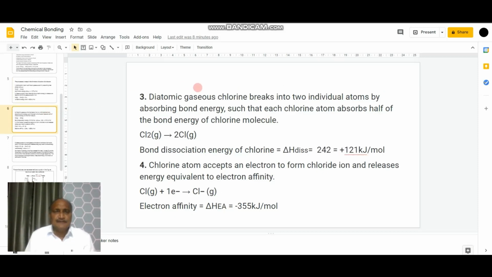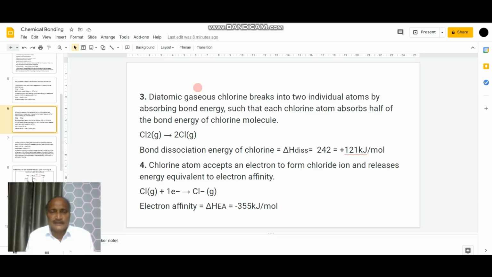Coming to the third step, diatomic gaseous chlorine breaks down into two individual atoms by absorbing bond energy, such that each chlorine atom absorbs half of the bond energy of a chlorine molecule.